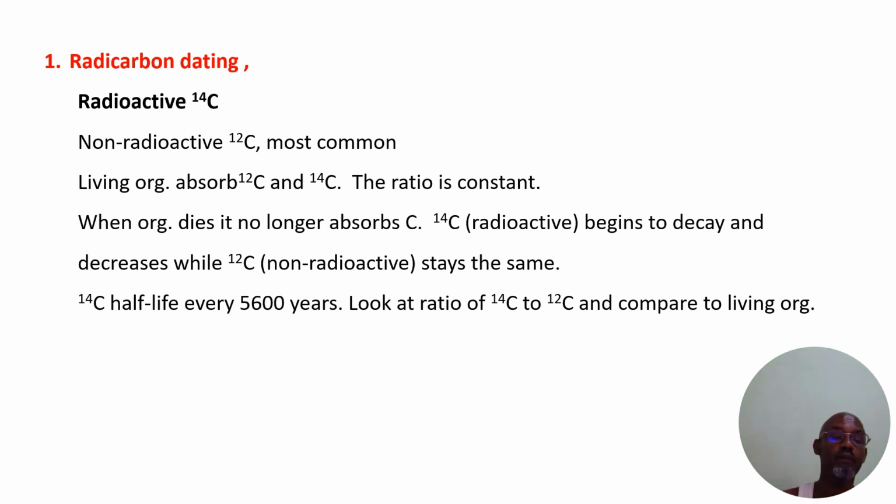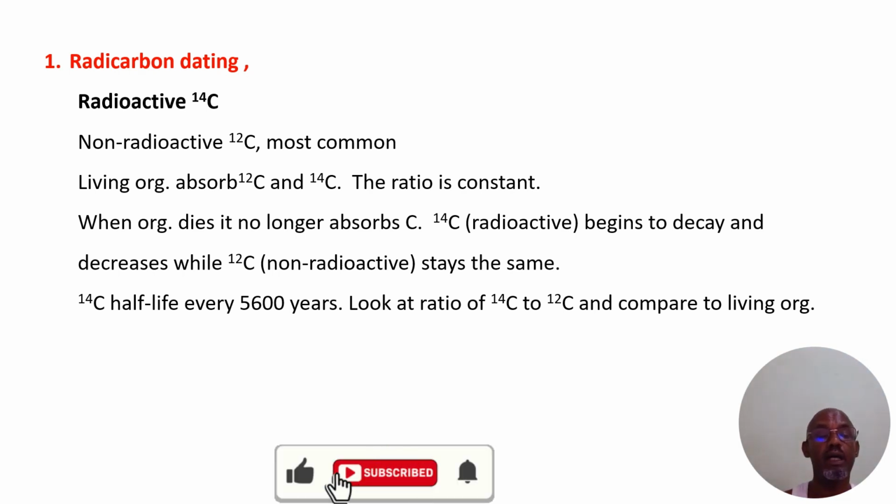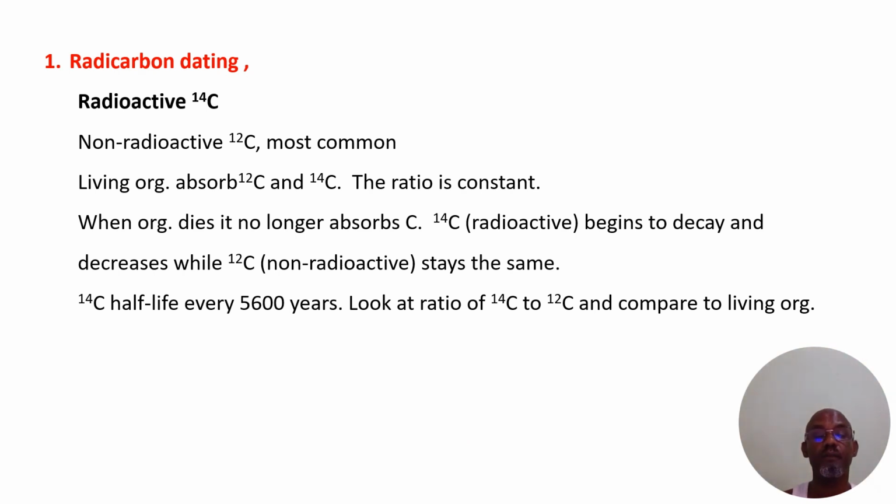Carbon-14 half-life is every 5,700 years. Look at the ratio of carbon-14 and carbon-12 and compare to the amount in living organisms, and you can calculate the age of the fossil or that particular specimen.